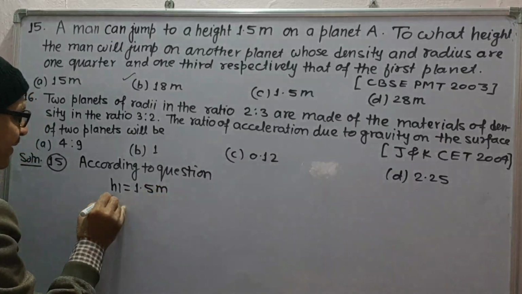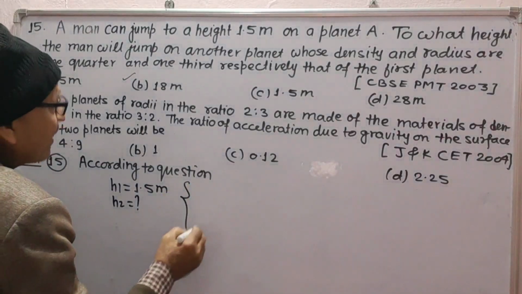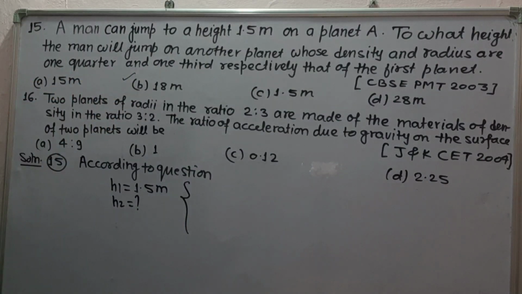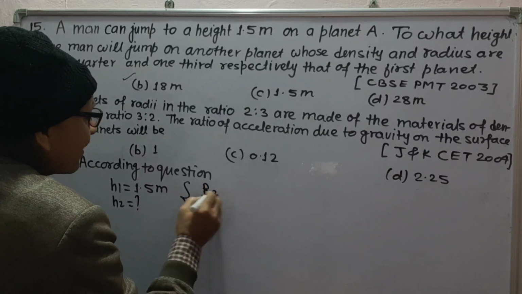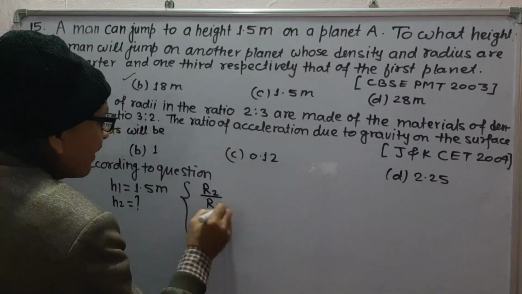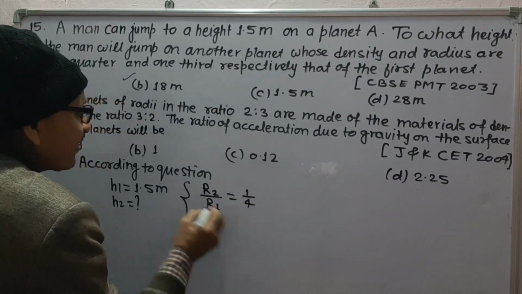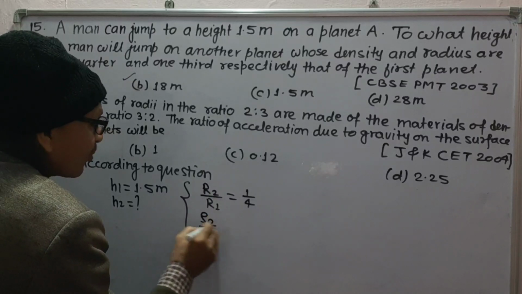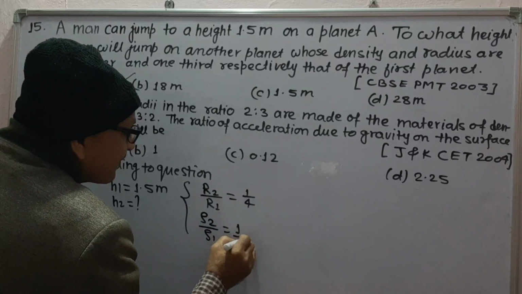We have to find H2 on the second planet. Here the second planet has radius R2 upon R1 as 1 by 4, and the second planet has density in the ratio rho 2 upon rho 1 as 1 by 3.